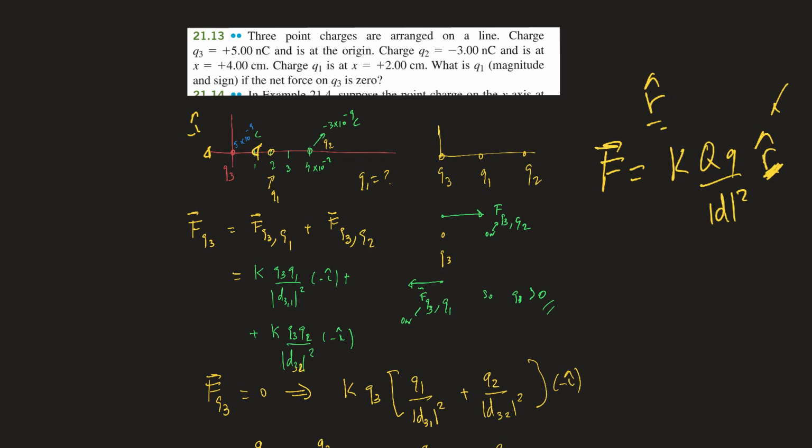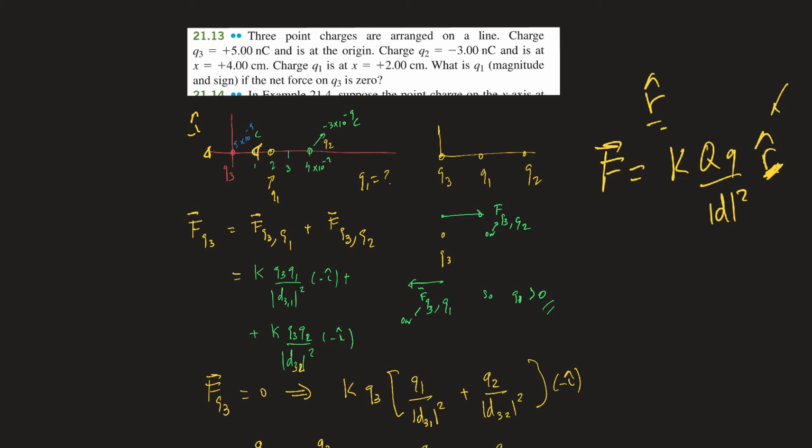So I will put K. The sign of Q3, I cannot touch it. The sign of Q2, I cannot touch it. I should plug in the sign of Q2. The distance that separates 3 to 2 squared, and the sum of the forces should be 0.